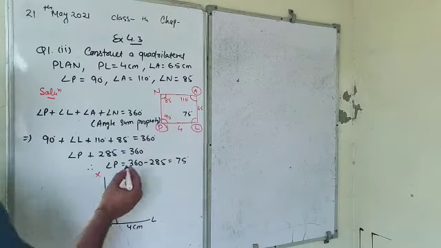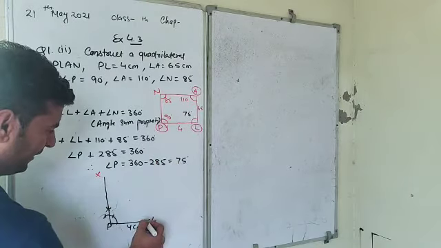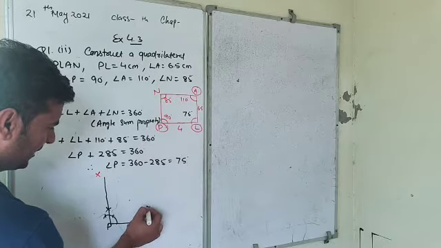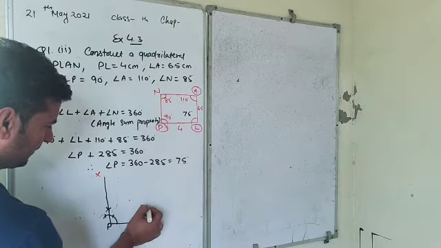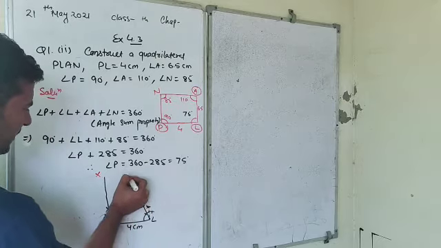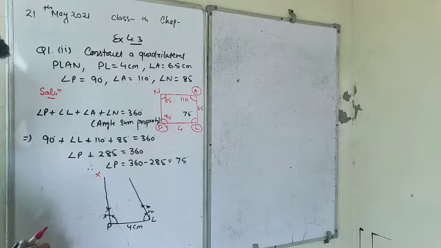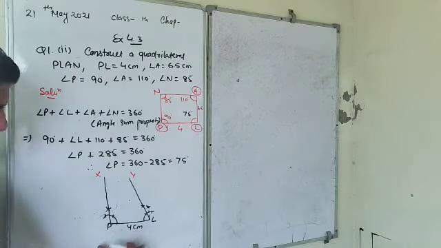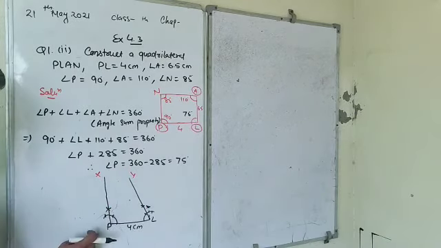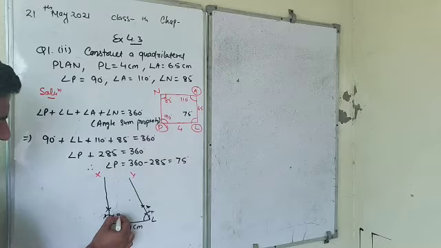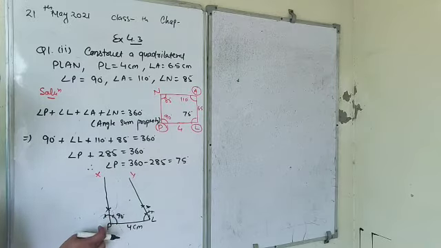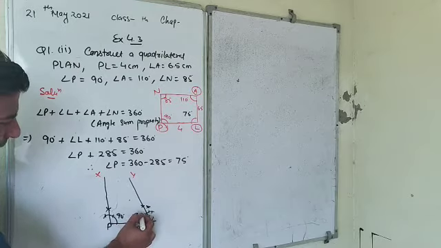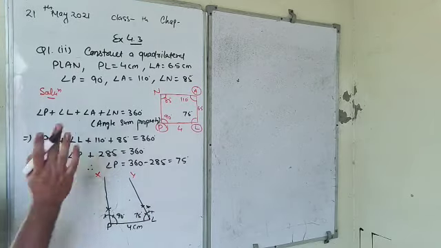And at L, we will draw an angle of 75 degree along LY. फर्स्ट स्टेप में हम क्या लिखेंगे? ड्रॉ द लाइन PL. सेकंड स्टेप में ड्रॉ एन एंगल ऑफ 90 डिग्री एट P along PX and draw an angle of 75 degree at L along LY.